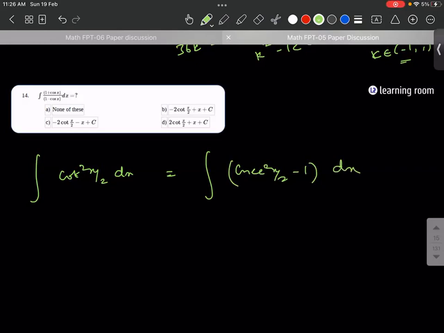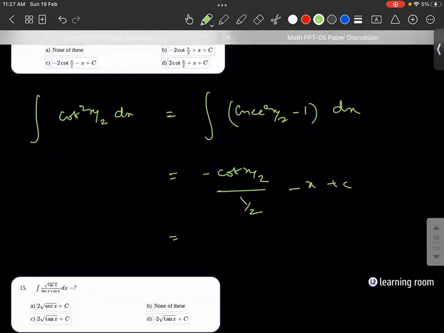That's it. Integral of cosecant square x by 2 you know. Integral of 1 is x. So what will be the answer? It will be minus cot x by 2 by half minus x plus c. So it is minus 2 cot x by 2 minus x plus c. That's the answer. Got it?